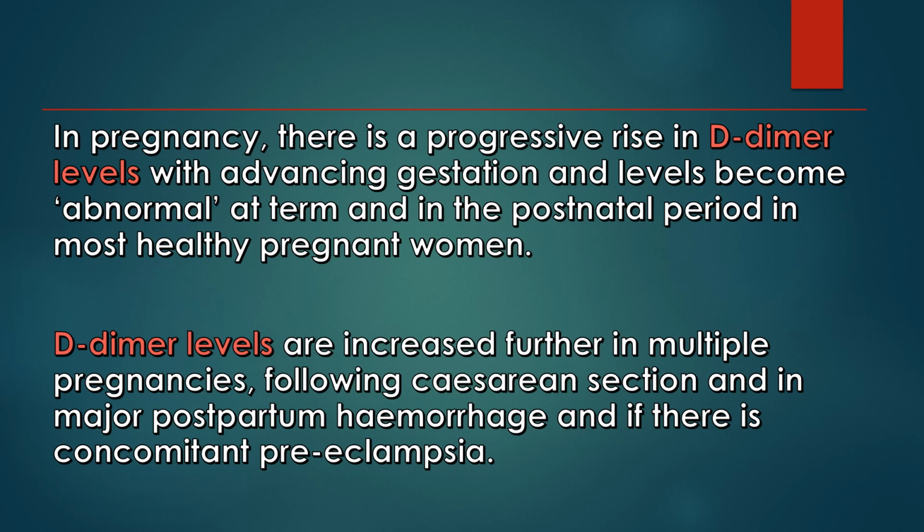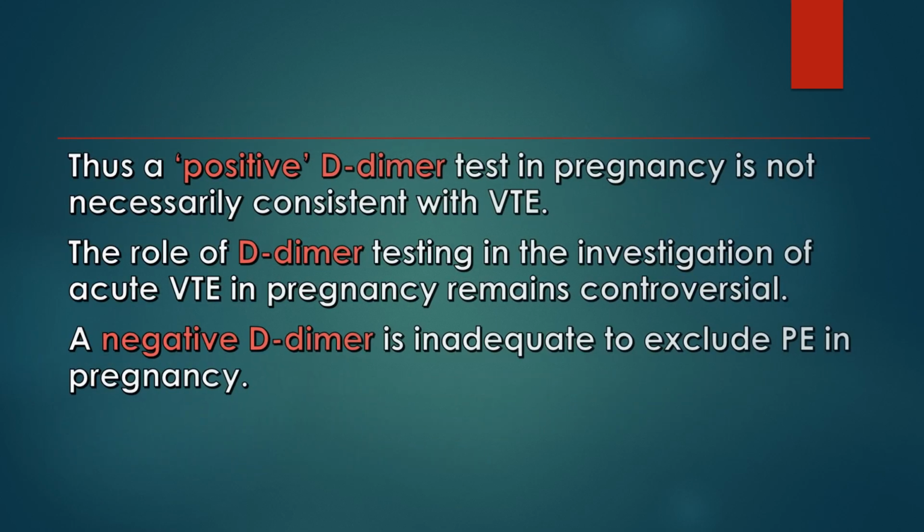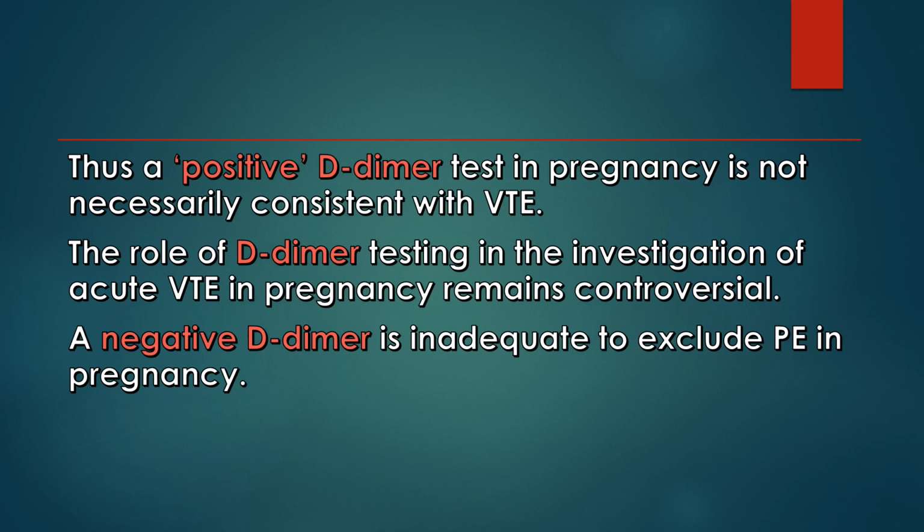D-dimer levels are increased further in multiple pregnancies, following cesarean section and in major postpartum hemorrhage, and if there is concomitant preeclampsia. Thus, a positive D-dimer test in pregnancy is not necessarily consistent with venous thromboembolism.